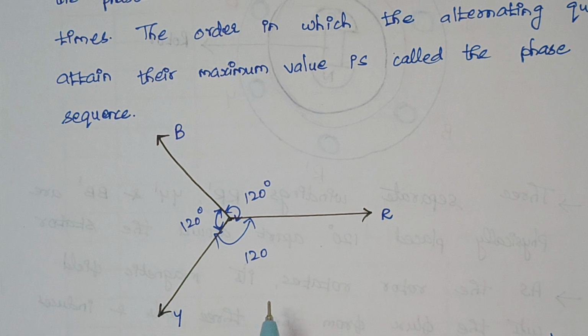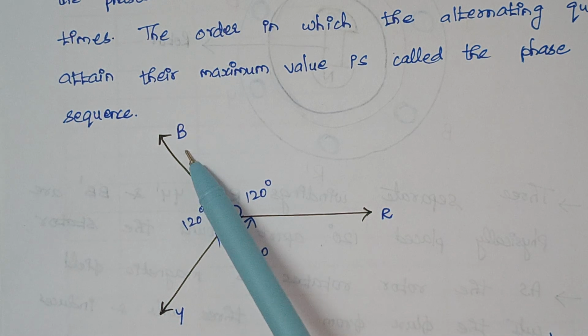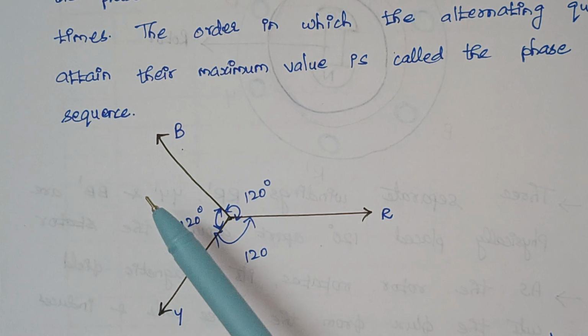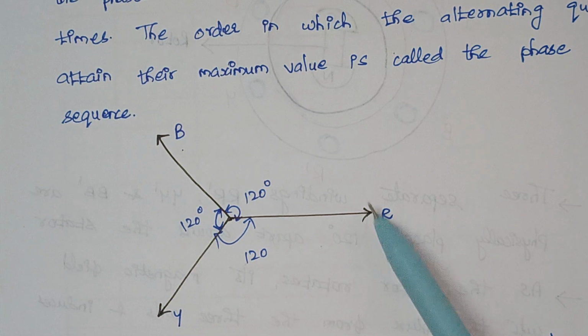In this case, we can consider the sequence as we wish. For example, you can take the order as R, Y, B, or even you can take the order as R, B, Y. The thing is, we should always take one phase as reference.